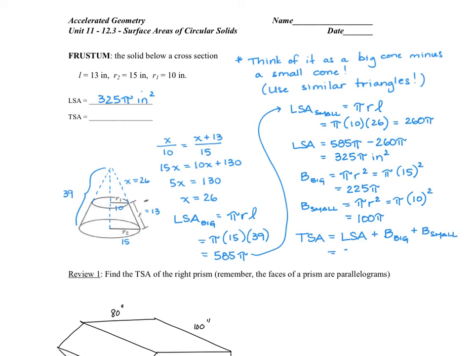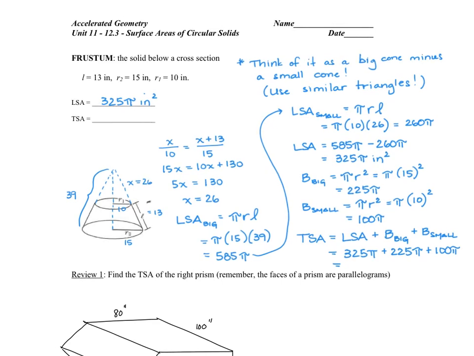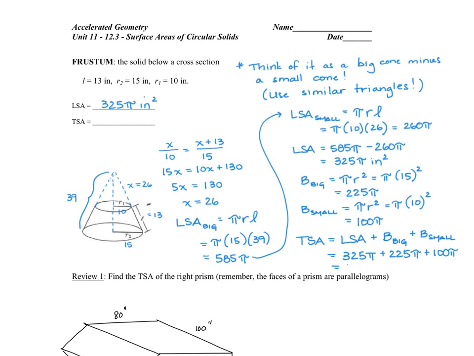So when I plug that all in, I have 325 pi for the lateral surface area, 225 pi for the area of the big base, and 100 pi for the area of the smaller top of the frustum. And when I add all that together, I get 650 pi inches squared as the total surface area of the frustum.